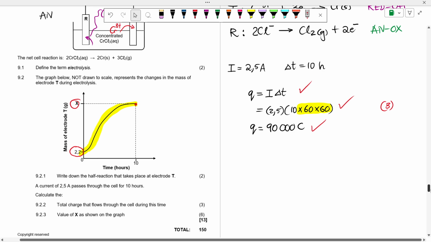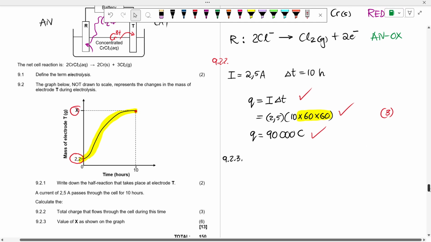Okay, then the next question, this was 9.2.2. 9.2.3, which is the last question for this one. Calculate the value of x as shown on the graph. Let's see how many people are thrown off by this question.